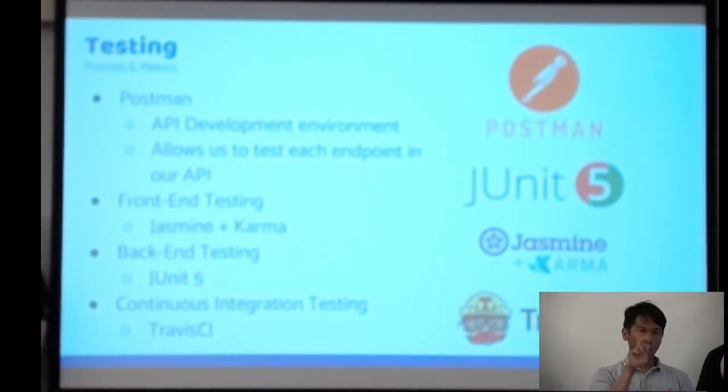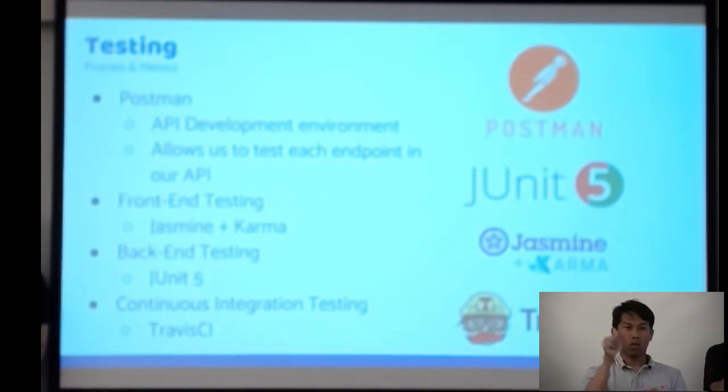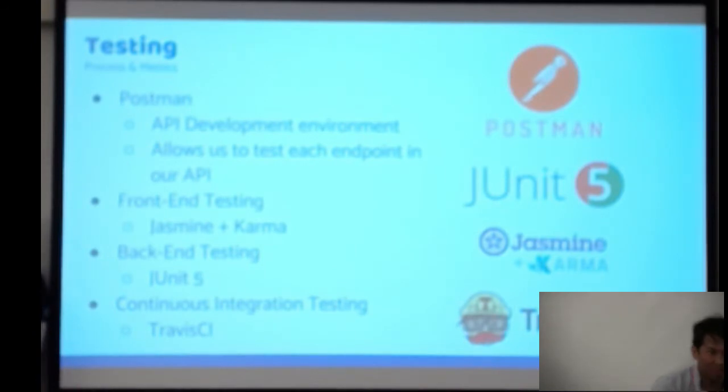We use technology like Jasmine and Karma and JUnit to test our client and our server code. And we use Travis CI to automatically test the client and server code every time someone pushes new changes to the code.